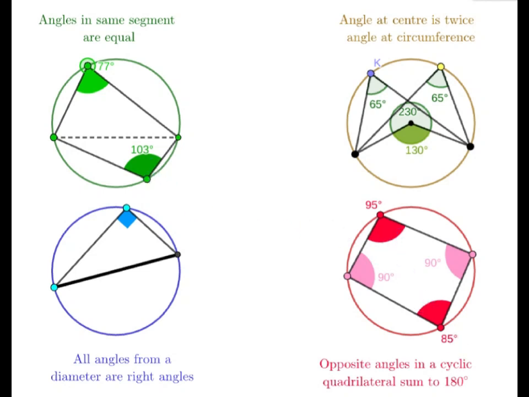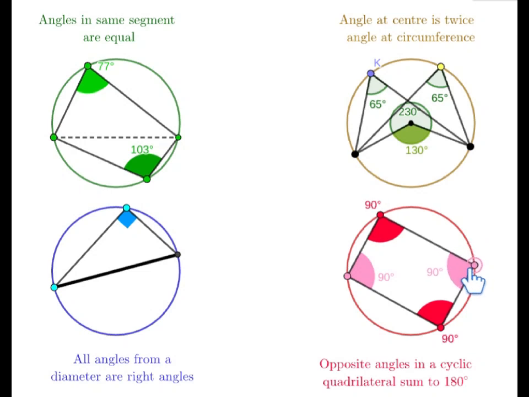So here's illustrated in the bottom corner. The opposite angles in a cyclic quadrilateral sum up to 180 degrees. So 95 and 85 makes 180 degrees, and 90 and 90 also makes 180 degrees.